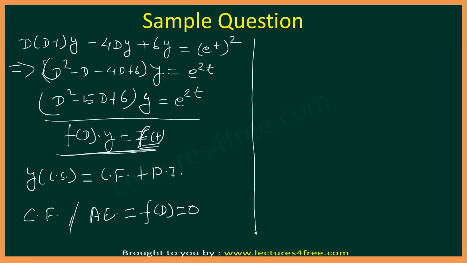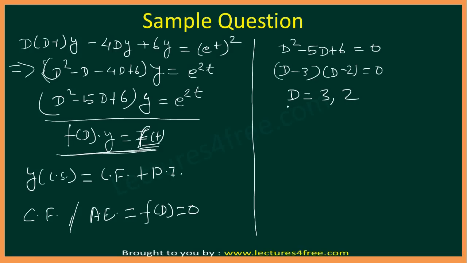So D square minus 5D plus 6 is equal to 0. From there, the roots will be (D minus 3)(D minus 2) equal to 0, so D equal to 3 and D equal to 2. We got these two roots.